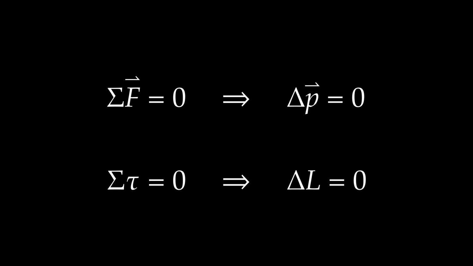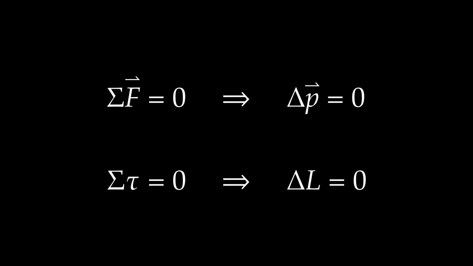And if there are no forces from outside the system acting on it, then the net force, sigma F, is equal to 0, and the consequence of that is that the change in momentum vector must be equal to 0. That is the simplest way, I think, of stating the law of conservation of momentum. That in the absence of external forces, the change in the momentum vector would be equal to 0.